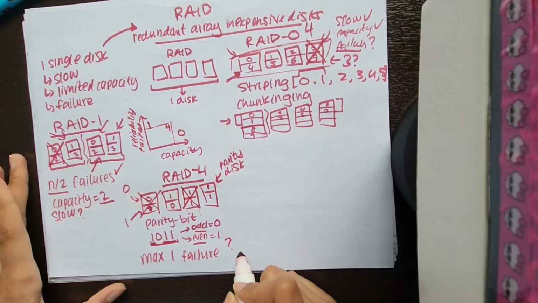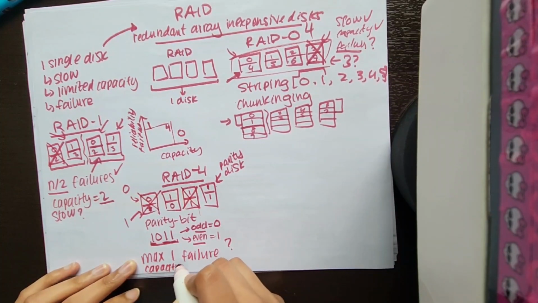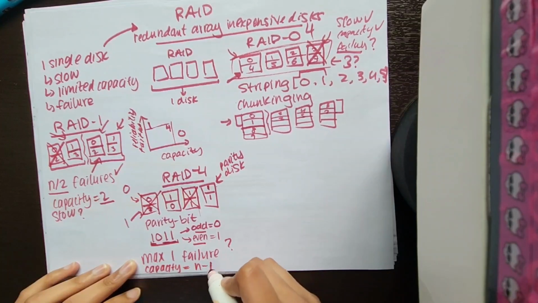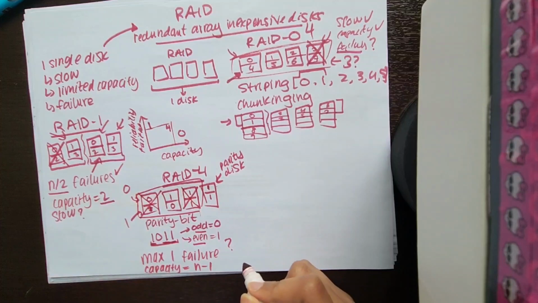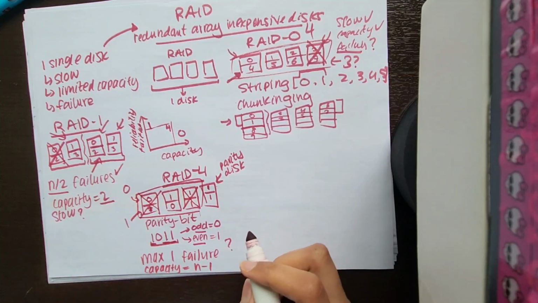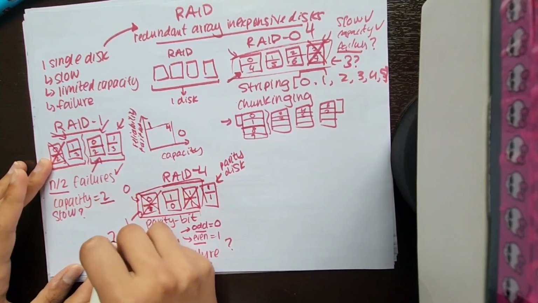And then the other problem, the capacity is not bad, right? And capacity is n-1. Basically, you can store up to 3, just one of them will be reserved for parity. But then the problem is about latency, right? How slow is it?